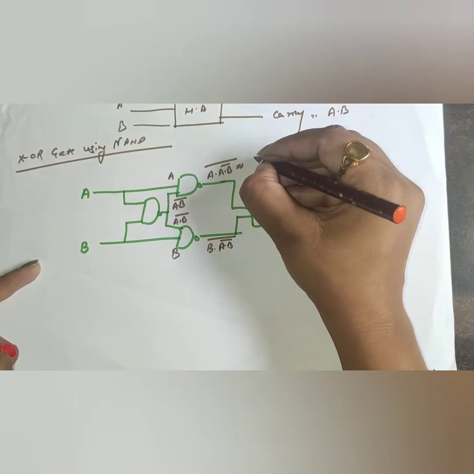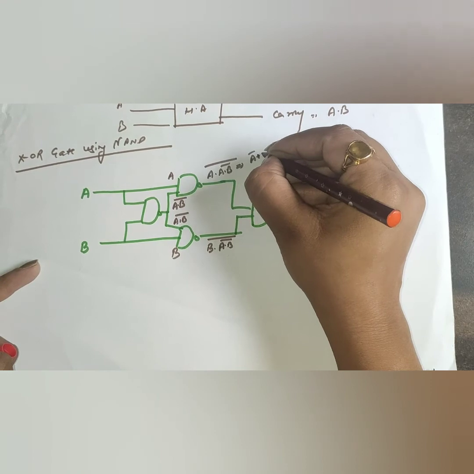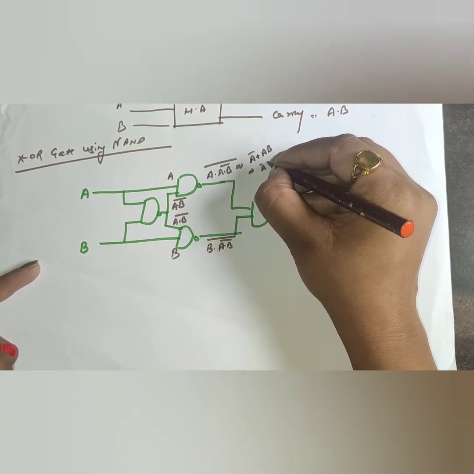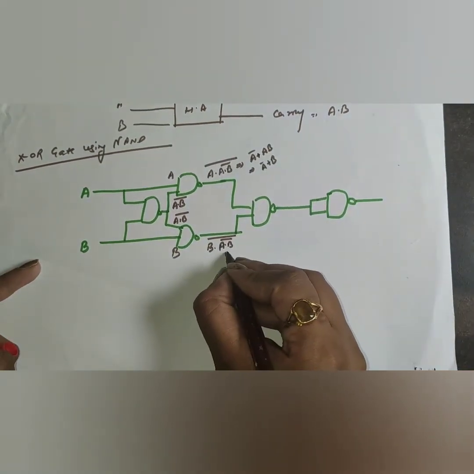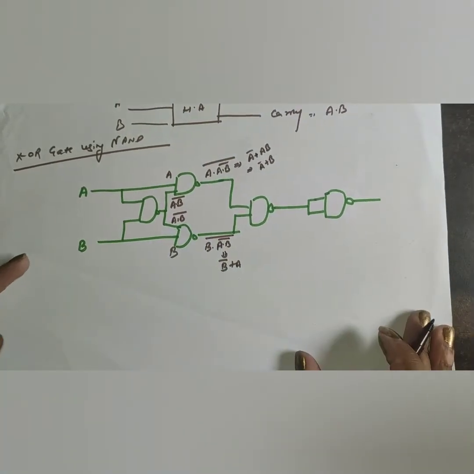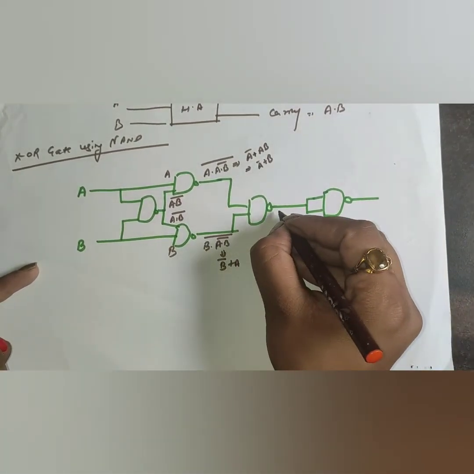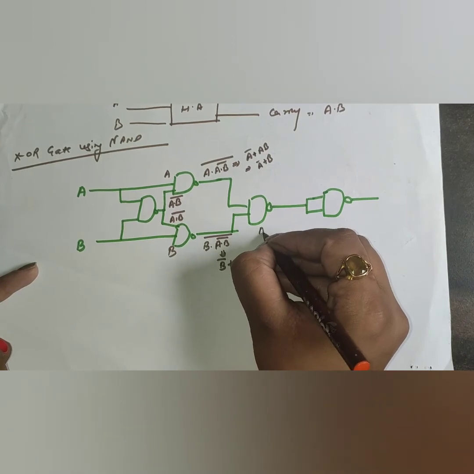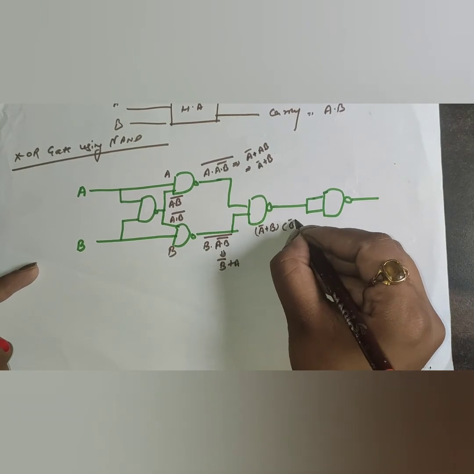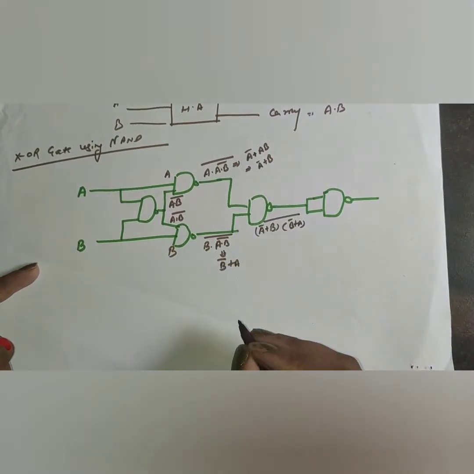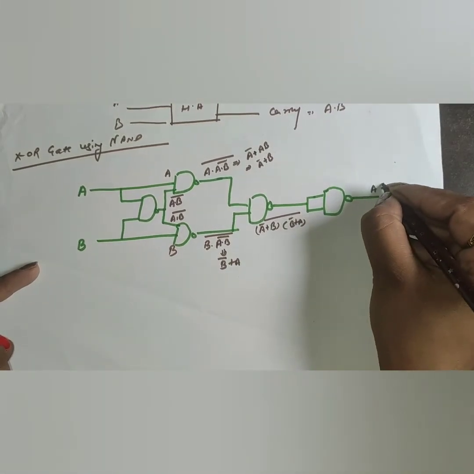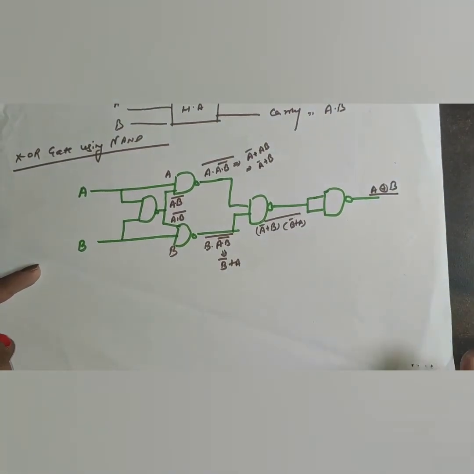It can be your A bar plus B bar. By the distributive law, it will be A bar plus B, and this will be B bar plus A by the distributive law. Now this goes through this, so it will be (A bar plus B) and (B bar plus A) whole bar. When you solve this, you get A XOR B. This is the answer for the sum of the half adder.